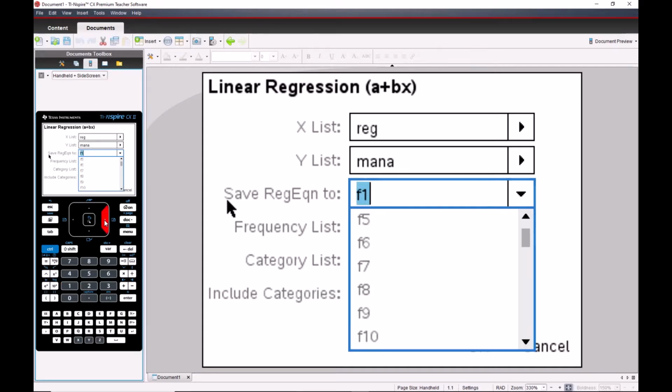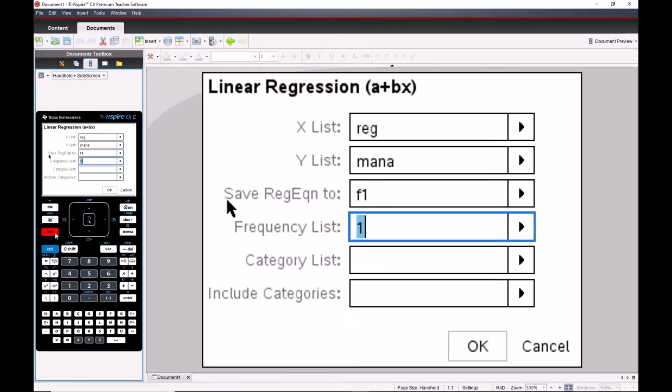So keep that on F1, and yeah, let's tab out of there. And keep your frequency list at 1. Just remember this F1, because that's where the LSRL is going to be stored in case we need it to make predictions. So let's go ahead and hit OK.